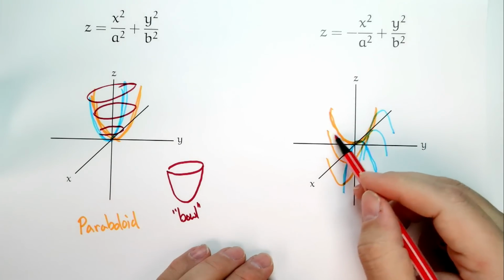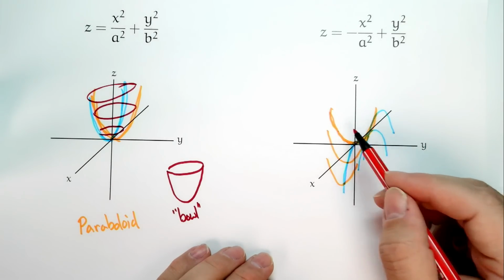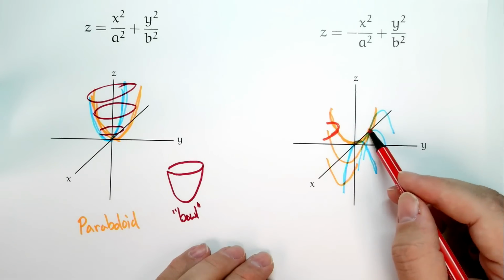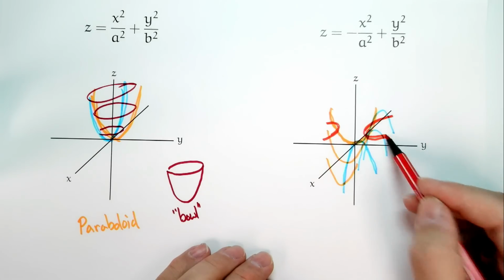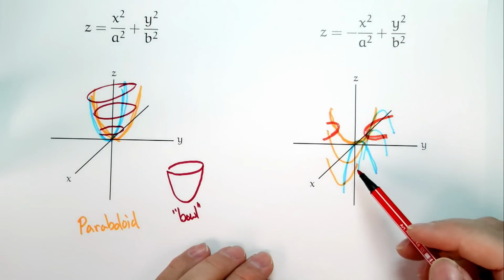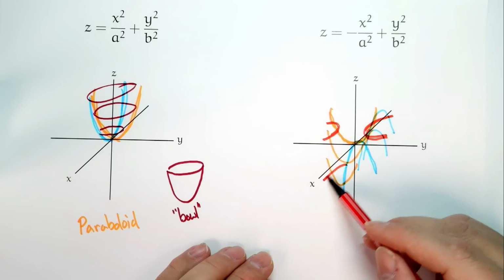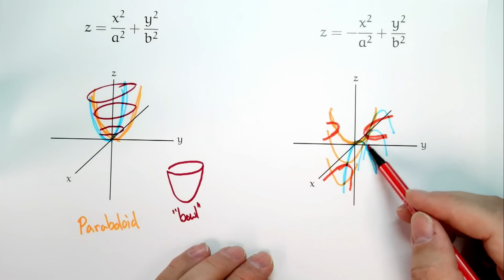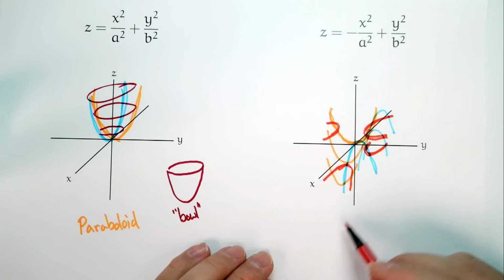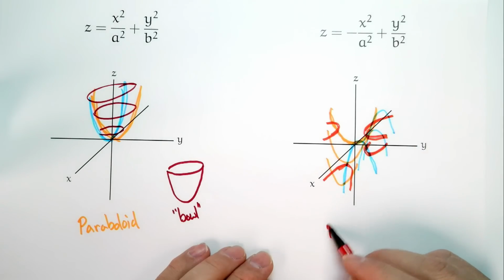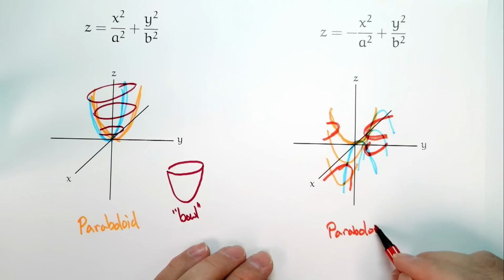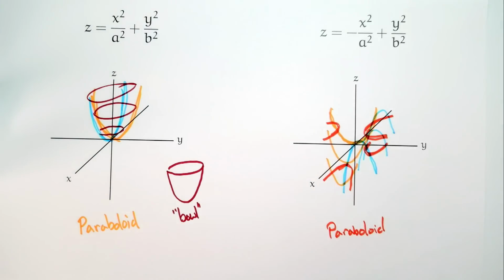So if I move up and set z equal to 1, I'm going to form a hyperbola shape. And similarly, if I move down, I'll see a hyperbola there. So again, lots of cross-sections are parabolas, and this is becoming somewhat of a Jackson Pollock work of art here.